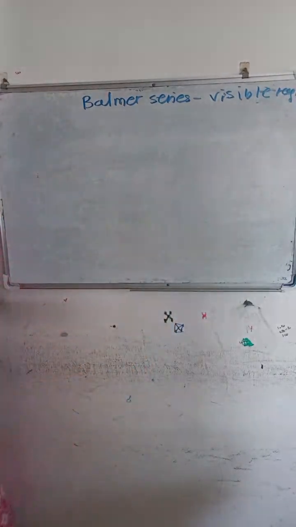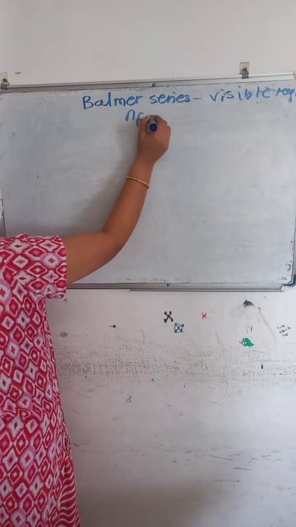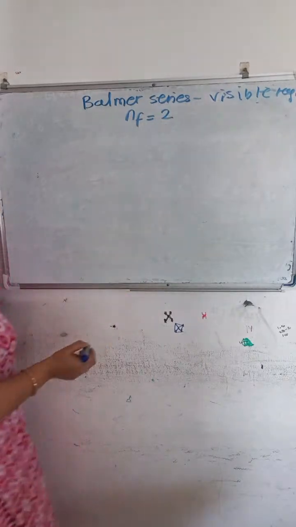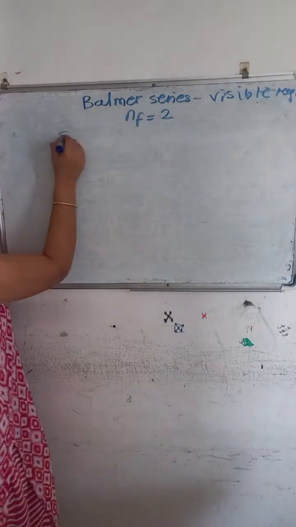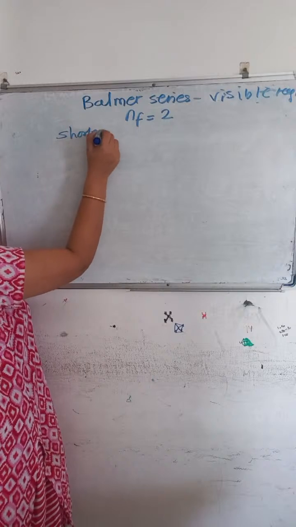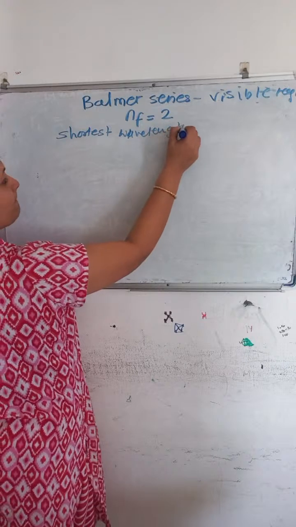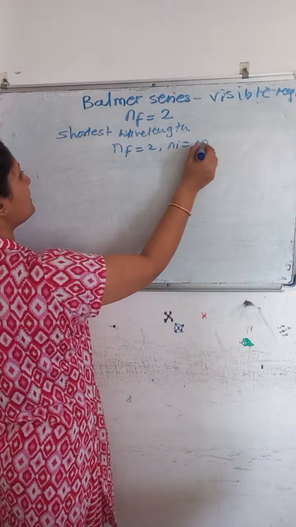And we know that in the Balmer series, the electron always falls into n is equal to 2 as the final state, and we have to take the minimum and maximum. If we want to find the shortest wavelength, we will go for the shortest wavelength. So for shortest, nf is equal to 2 and ni is infinity.